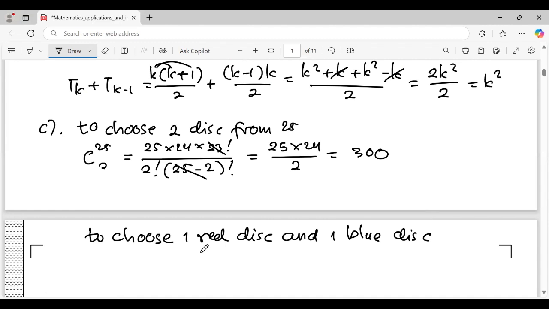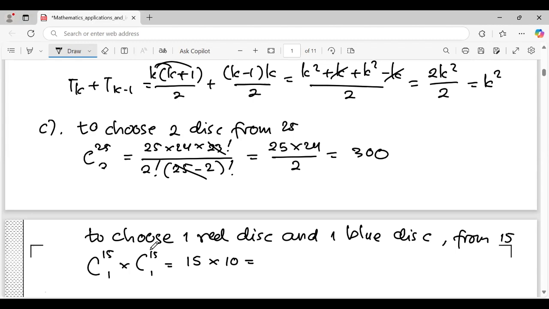The number of ways to choose one red disc from 15 and one blue disc from 10 is 15 times 10.